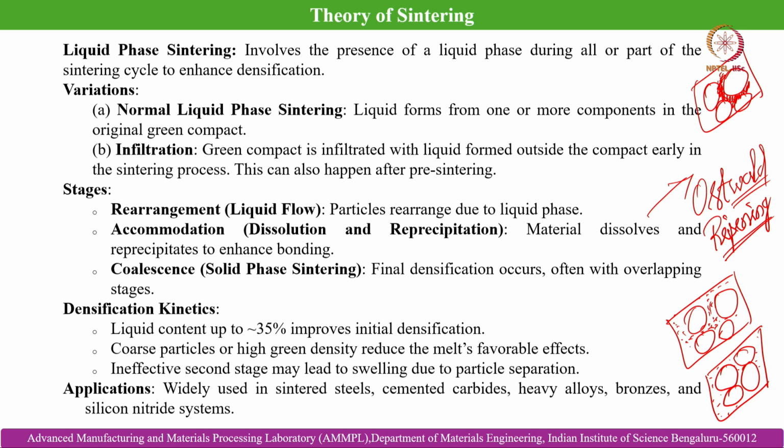So, what are the stages of liquid phase sintering? Number 1 is the rearrangement, that is the liquid flow. So, particles rearrange due to liquid phase, that is what is shown over here. That means the rearrangement phase is the convection of the liquid generated at the interparticle spacings, bringing the particles closer to each other, and they establish connection between the particles.